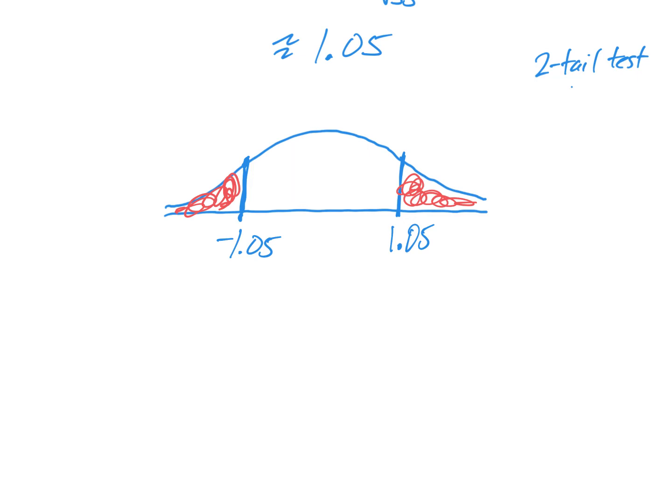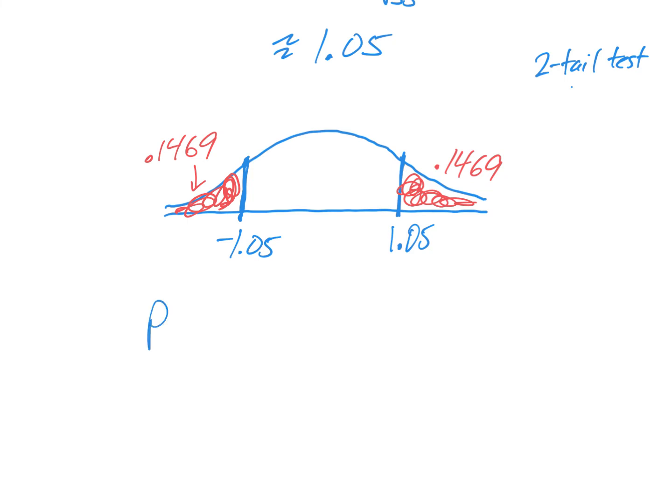I would prefer looking this one up on my chart because it gives you what's less than. When I look it up, I get 0.1469. That means this is also 0.1469 because it's symmetrical.